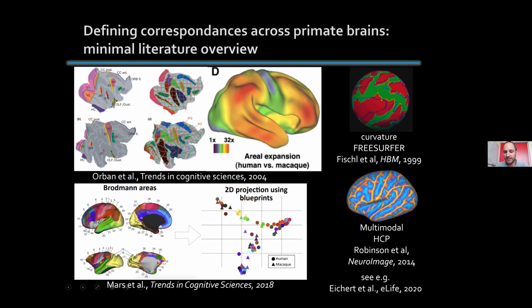For instance, this work is very interesting: they align myelin maps across species and across brains. And with different techniques, they define some sort of connectivity profile, and they use some sort of abstract space to define the correspondence across the regions.